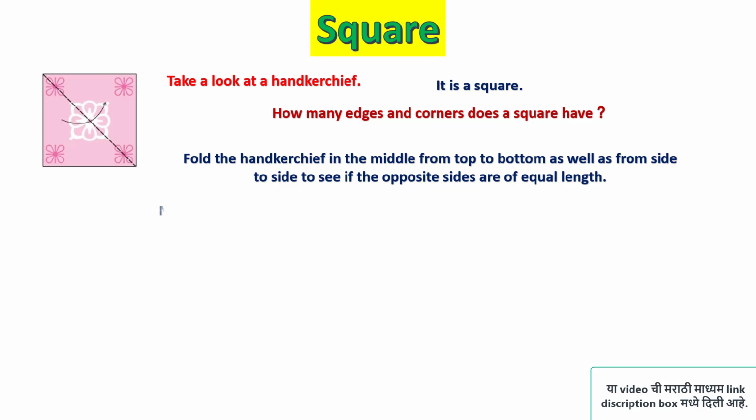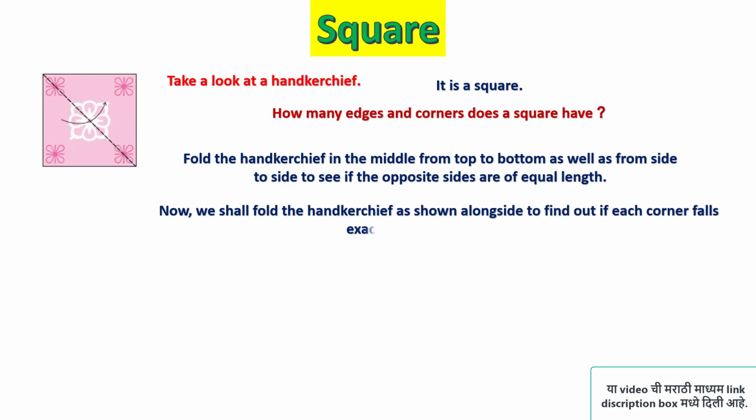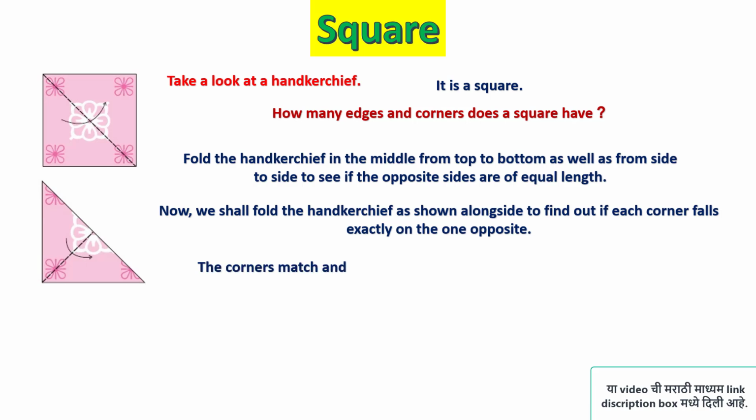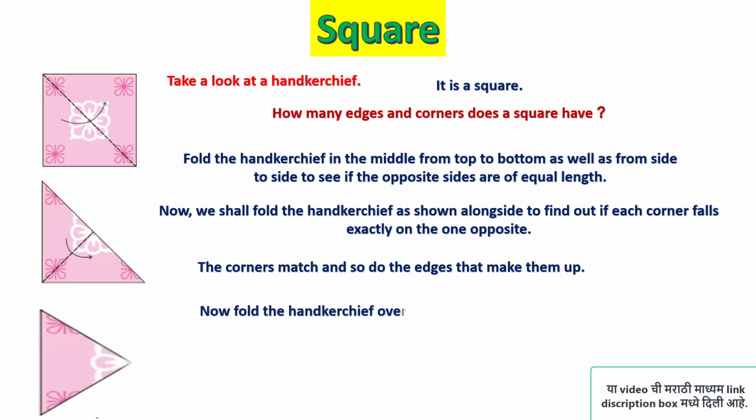Then now we shall fold the handkerchief as shown alongside to find out if each corner falls exactly on the one opposite. In this way, the corners match and so do the edges that make them up. Now fold the handkerchief over again.